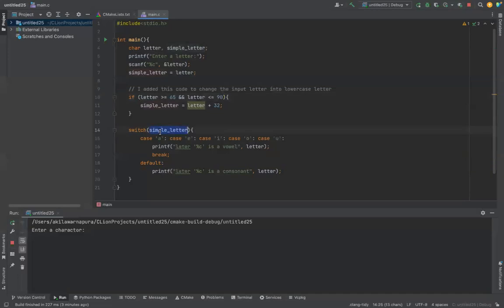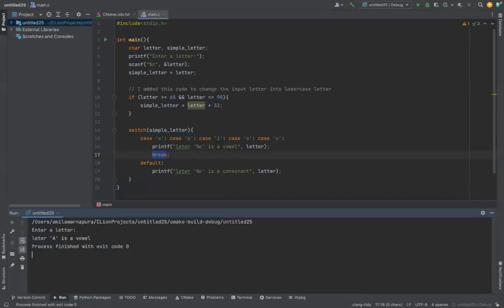Switch simple letter. Case A, E, I, O, U. Printf, it's a vowel letter. Break. Enter letter. Let's say A. A is a vowel. Enter letter.